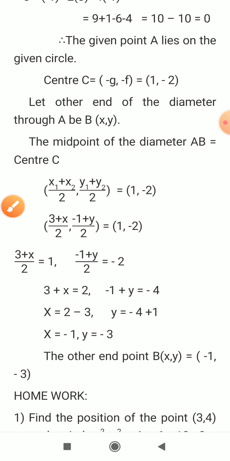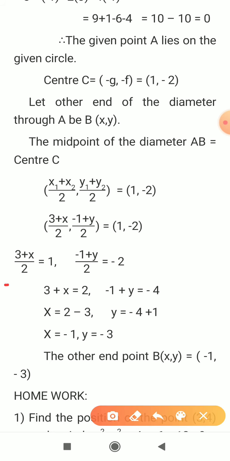Okay. Equating the x coordinates and y coordinates: (3 plus x) by 2 is equal to 1, and (-1 plus y) by 2 is equal to minus 2. Take the cross multiplication. 3 plus x is equal to 2, minus 1 plus y is equal to minus 4, since 2 into minus 2 is minus 4. So x is equal to 2 minus 3, y is equal to minus 4 plus 1.